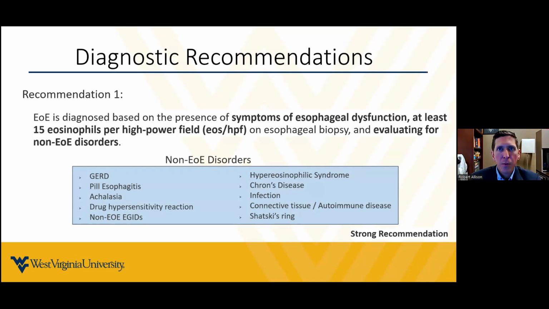So it is important to recognize that not all dysphagia is eosinophilic esophagitis, but eosinophilic esophagitis should definitely be on your differential when someone presents with dysphagia or any of those impact symptoms that might steer you towards considering it.